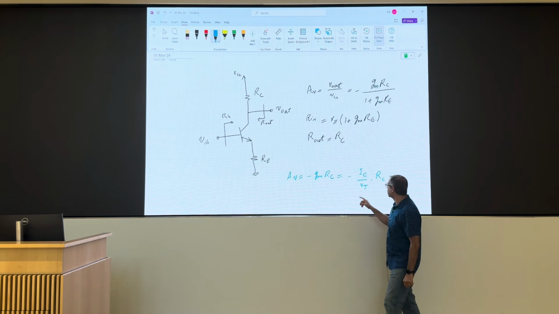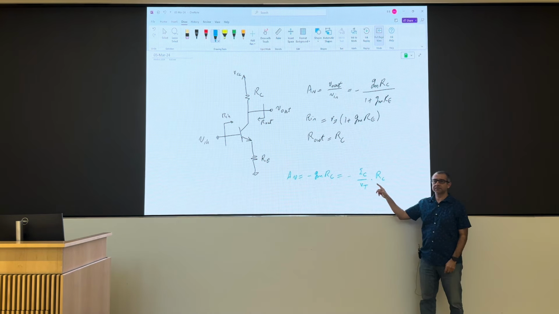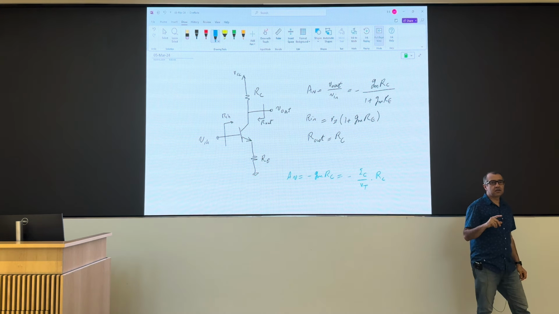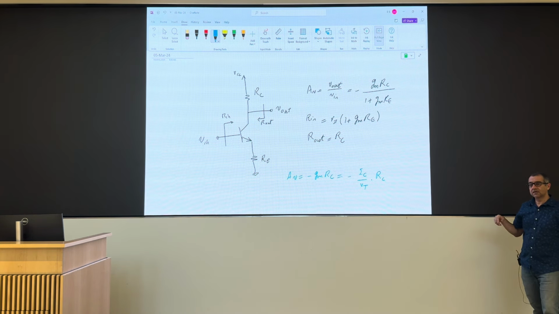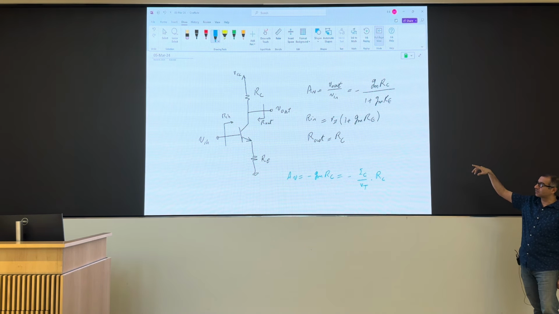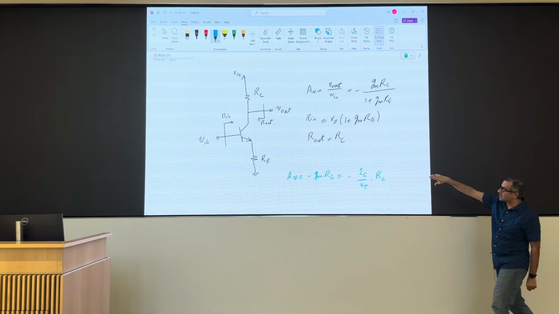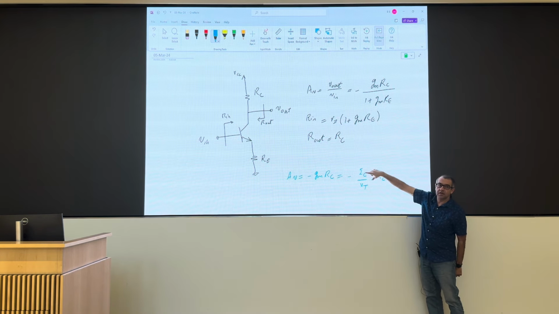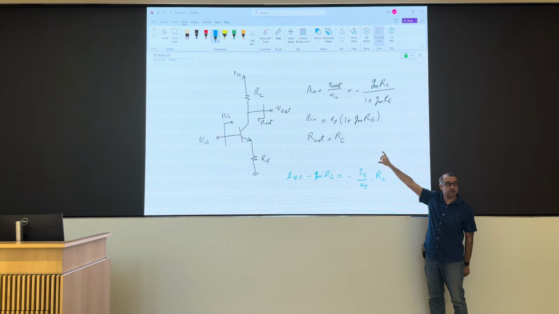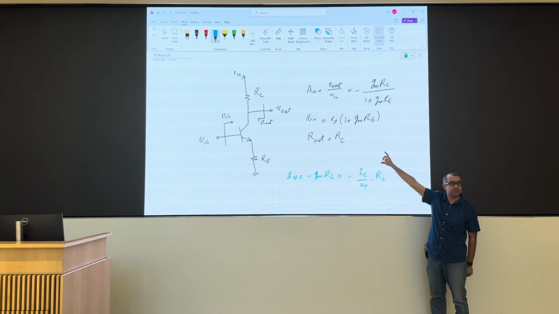Somebody here tell me, what is ICRC? V out? This is the voltage drop. Yeah, so it's V out. No, it's not V out. V out is VCC minus ICRC. ICRC is the voltage drop across your collector resistor, right?